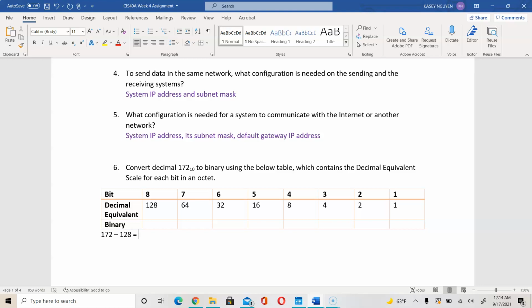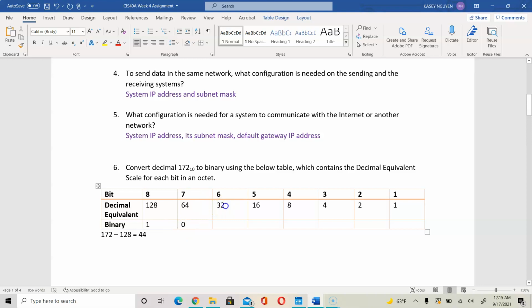which gives you 44. As you subtract 128, you would put a 1 at the top. Then we take 44. As 44 is less than 64, we cannot subtract it, so we put a 0 there.